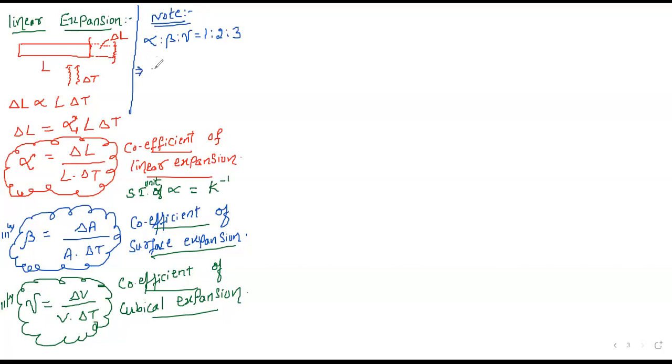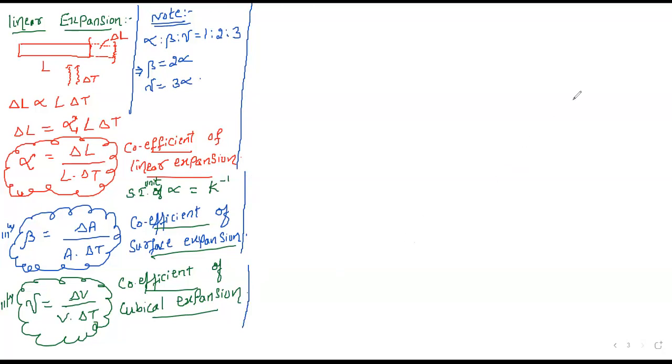That implies clearly beta will be 2 times alpha, gamma will be equal to 3 times alpha. So this is how we have the relationship between the coefficient of linear expansion, surfacial expansion, and the cubical expansion.